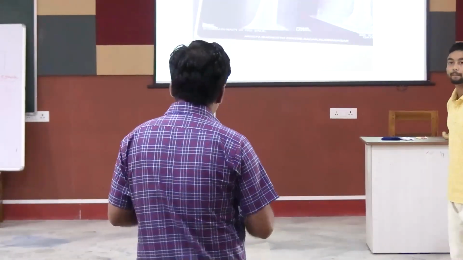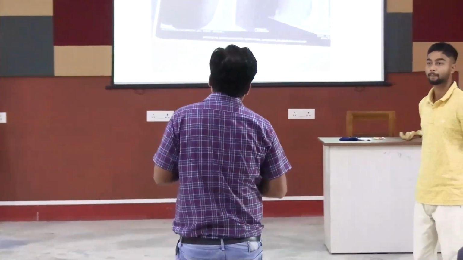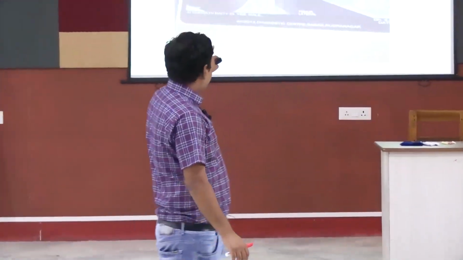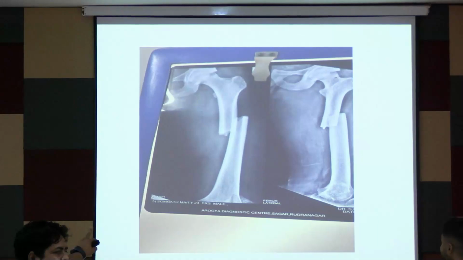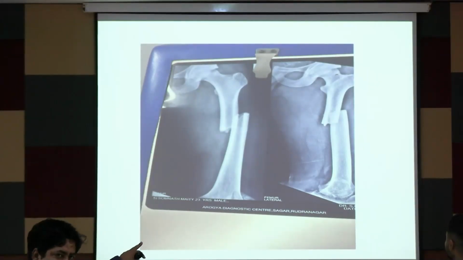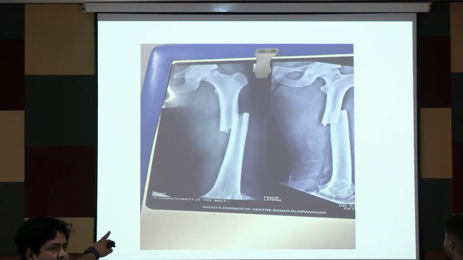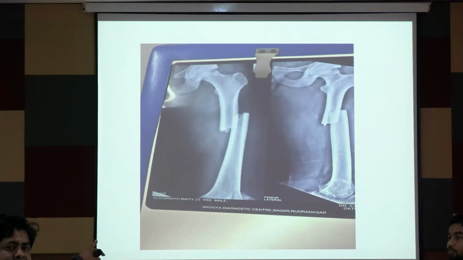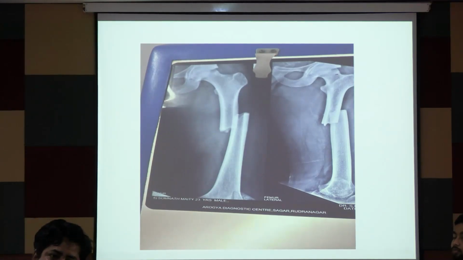Your conversation method should be like this: this is the X-ray of right or left sided shaft femur of a 23 year old male patient, showing both AP and lateral view, that there is a break in the cortical continuity of the proximal part of the shaft femur. Probably this is a case of left or right sided shaft femur fracture.